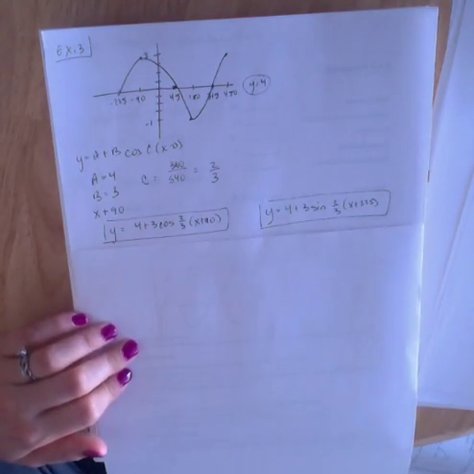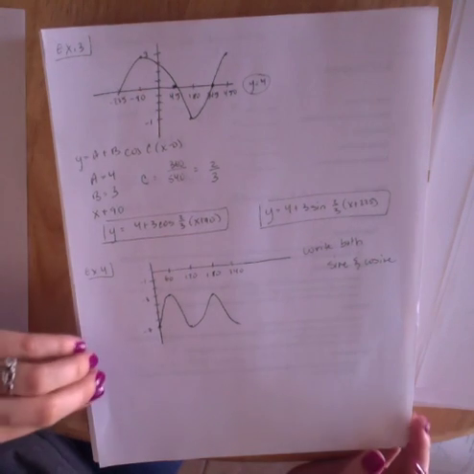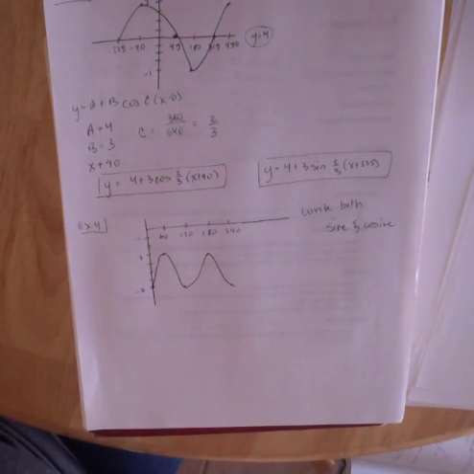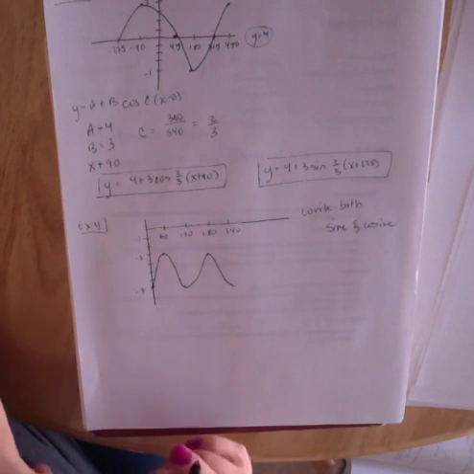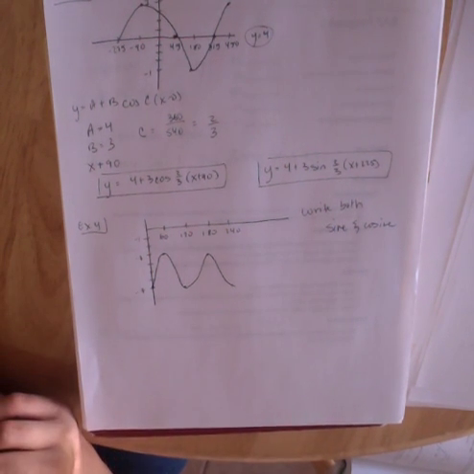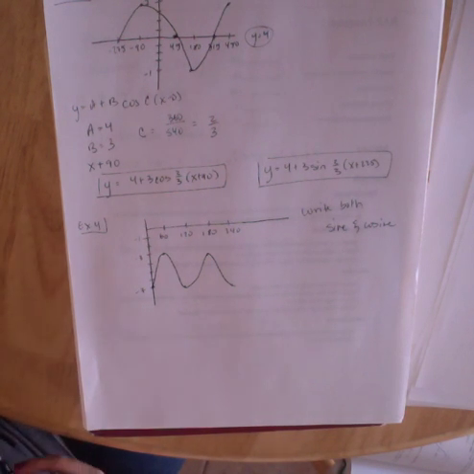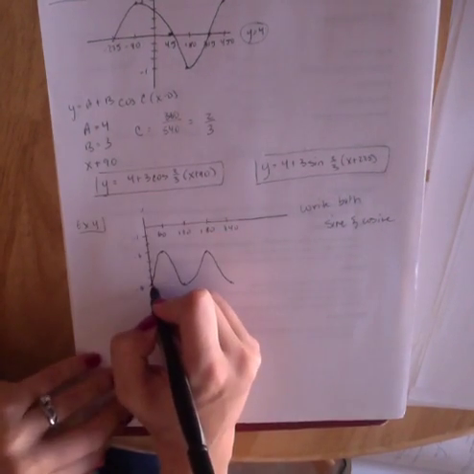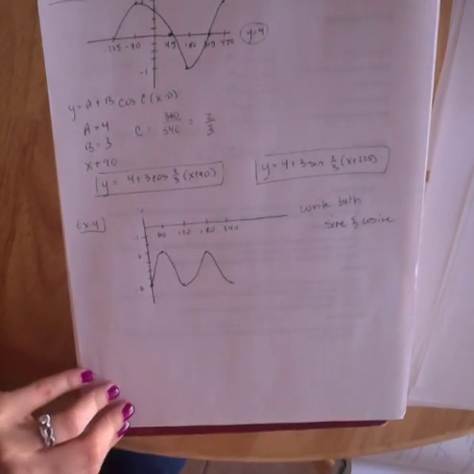All right, let's do this next example. Write both sine and cosine. This one might be a little more challenging. Let's start with sine. The reason we start with sine, I think, is that it's easier because this is my y-axis and sine has no horizontal shift.